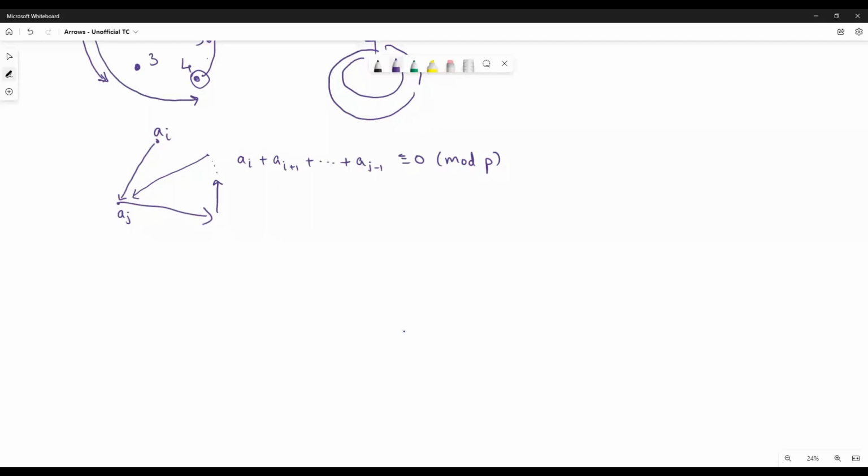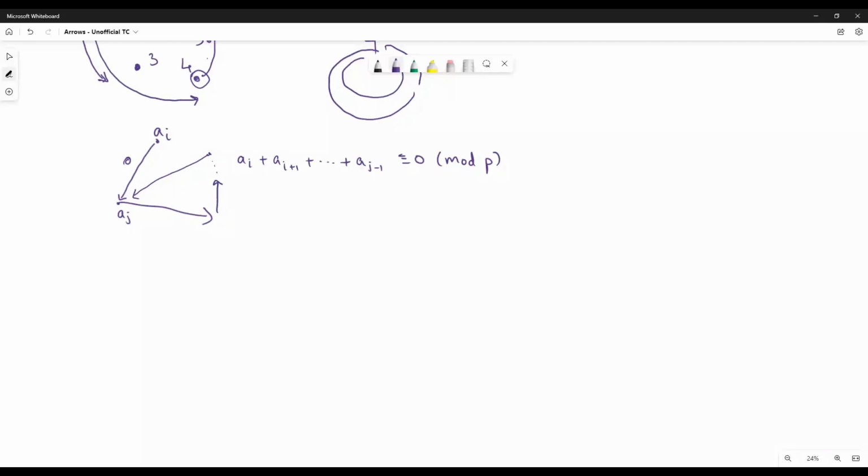But how are you handling it if all the elements of the cycle, all the elements a1 till an, are not covered? Like if this element maps to some element which was already in the cycle, already in the path, I noted that AI till AJ was 0 mod p.